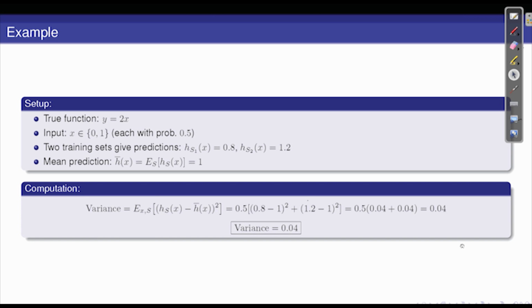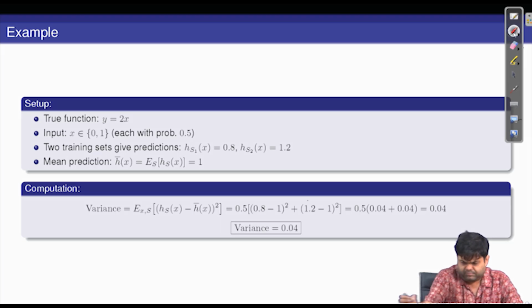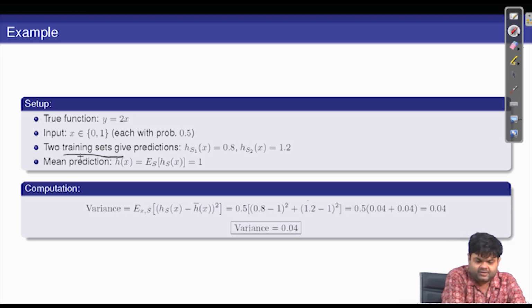The same thing, suppose 2 training sets give you predictions. A training set here generally means a sample.